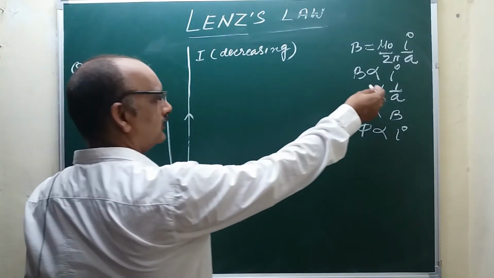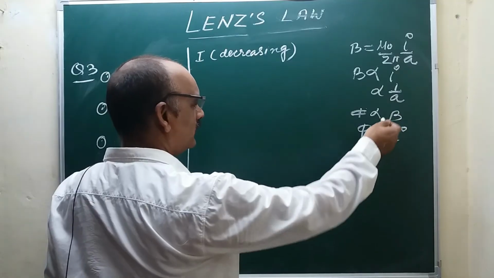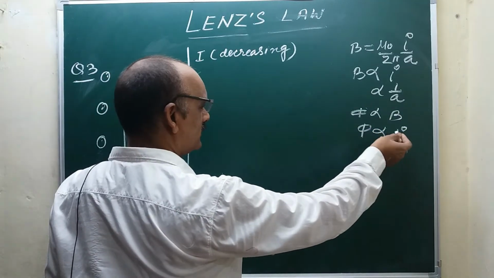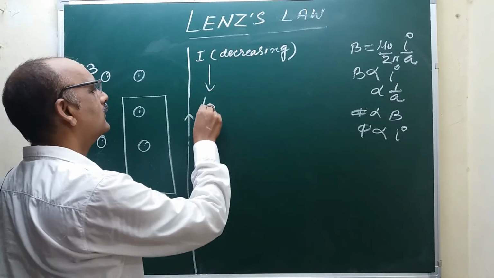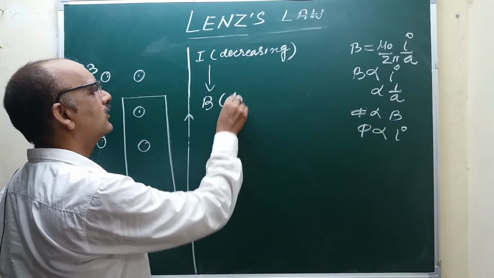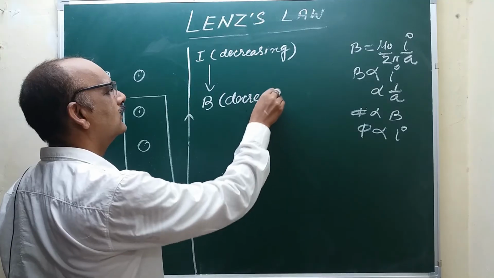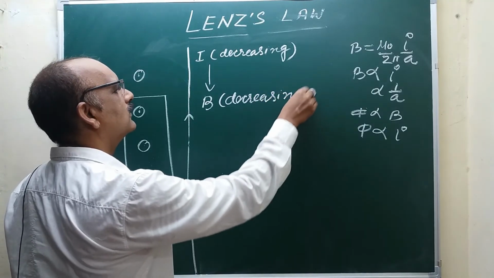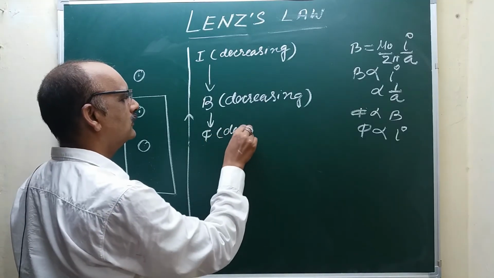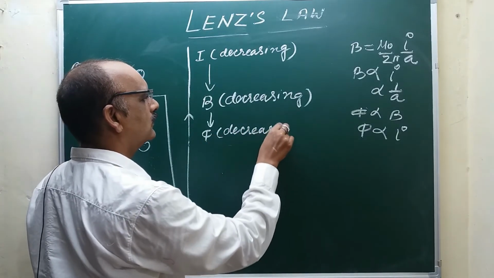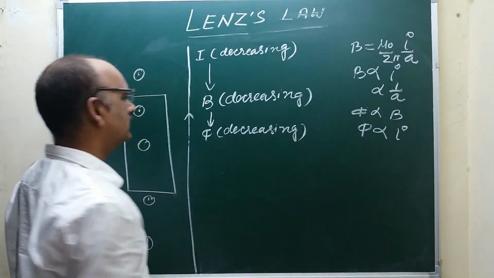Since phi is directly proportional to B, phi is directly proportional to I. If I is decreasing, B is also decreasing. It means that phi is also decreasing.